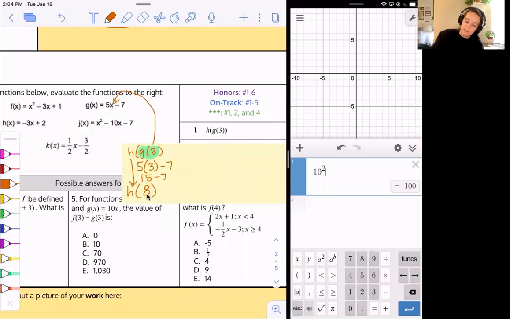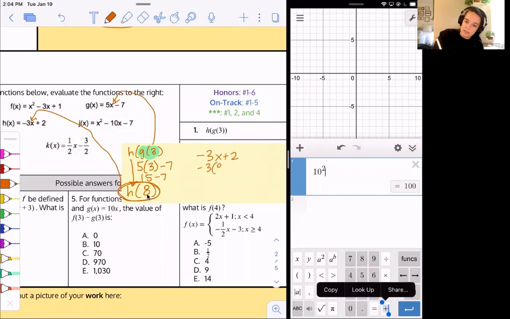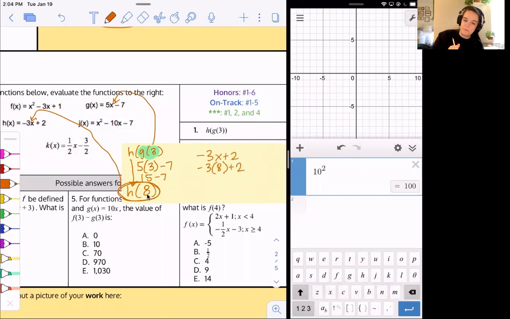H is here. So now I'm going to take the 8 and plug it into the h equation. I'd have negative 3x plus 2. So I'd have negative 3 times 8 and then plus 2. So negative 24 plus 2.